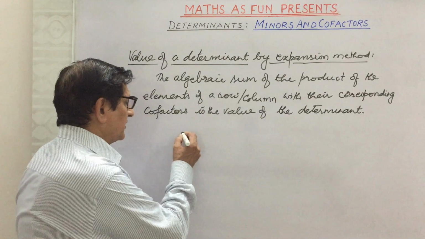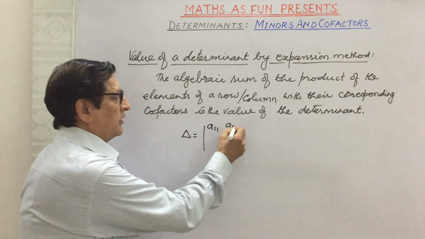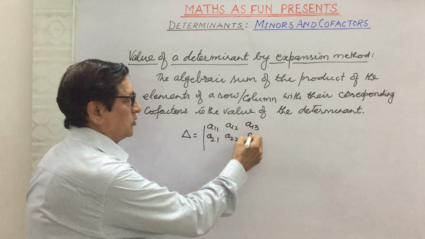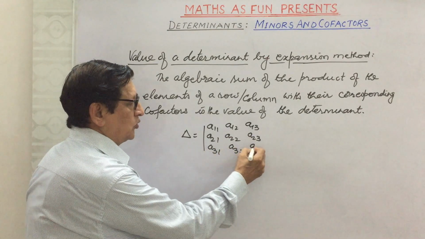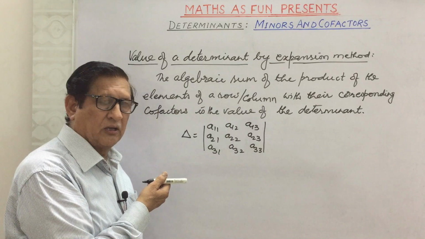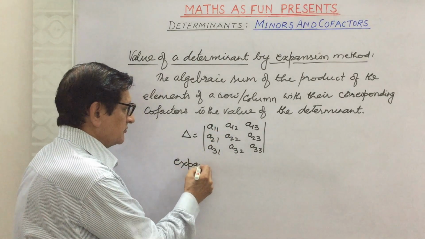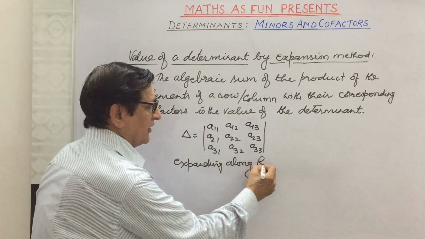Suppose we have a determinant delta, the elements in which are A11, A12, A13, A21, A22, A23, A31, A32 and A33. This is of order 3. To find its value, suppose we want to expand along row 1.